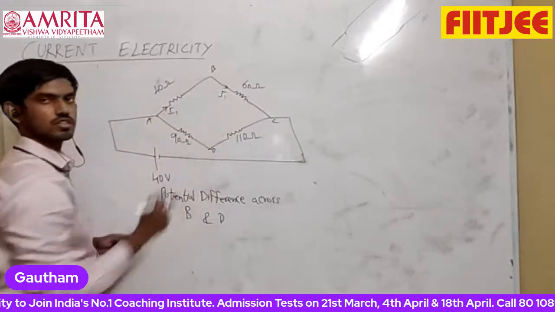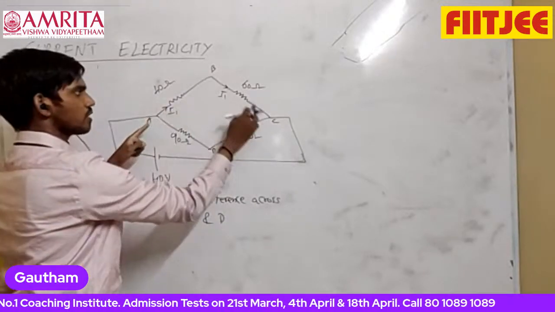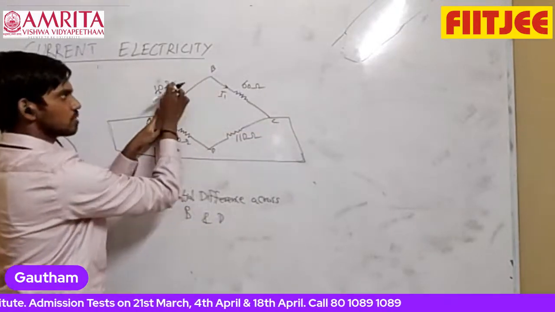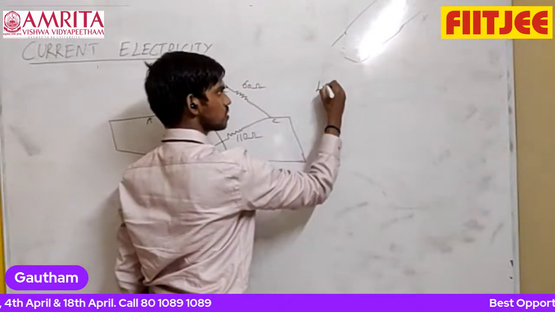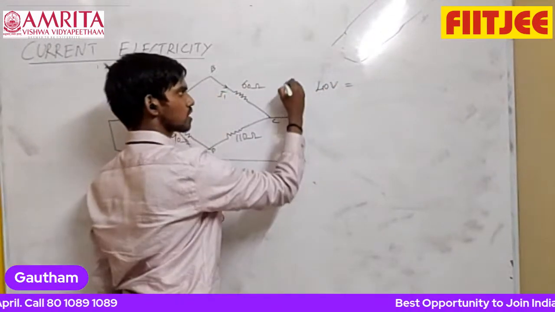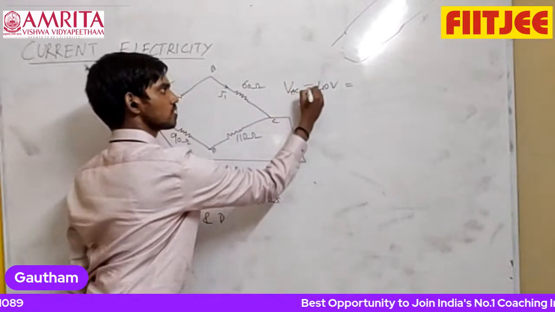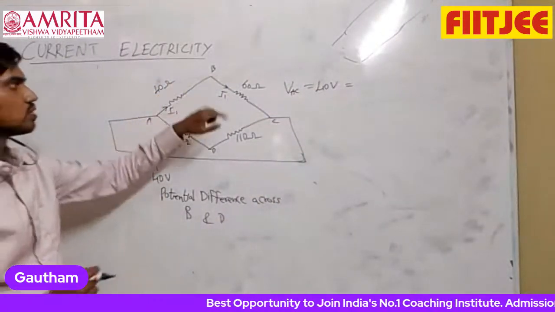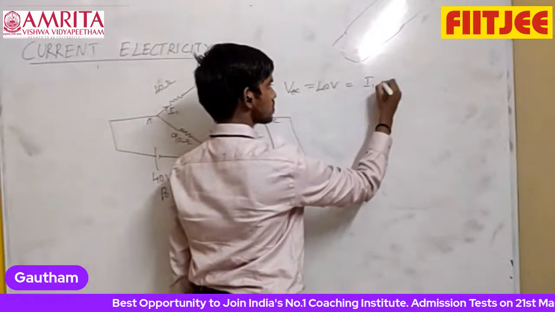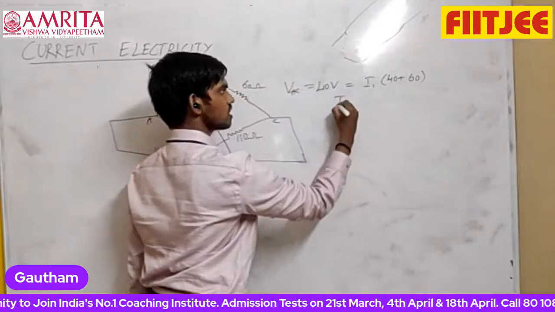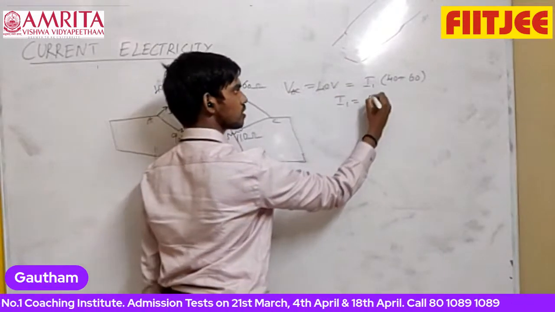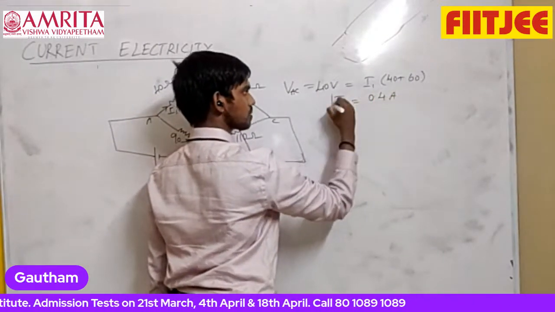For the above branch, 40 volt is the potential drop across AC, equal to I1 into the total resistance, 60 plus 40, that is 100. So I1 is 40 by 100, or 0.4 ampere.